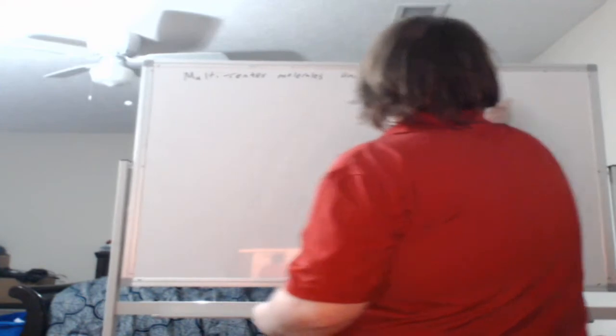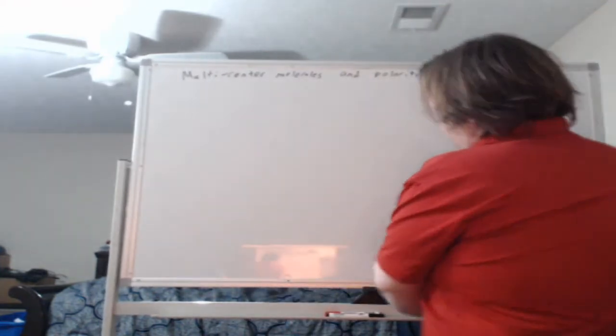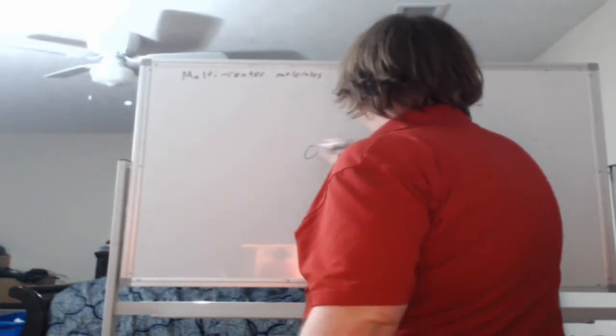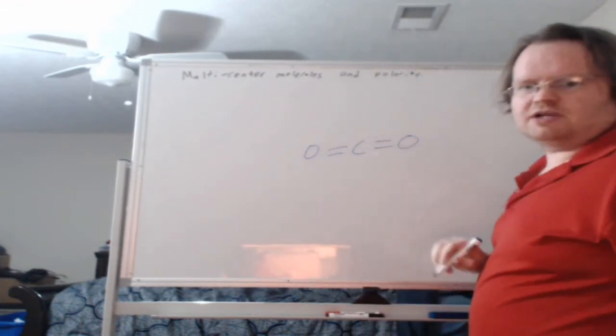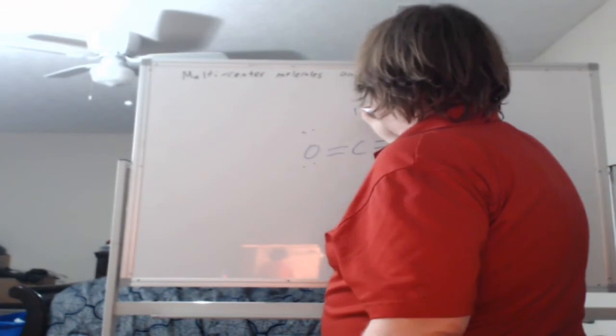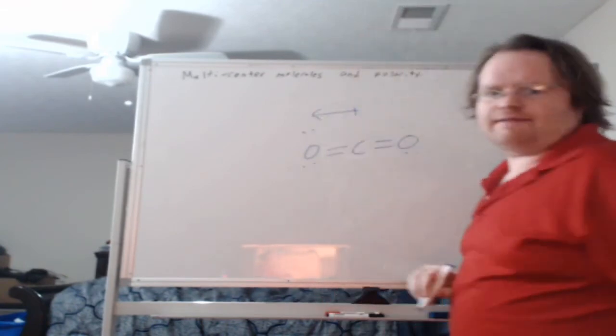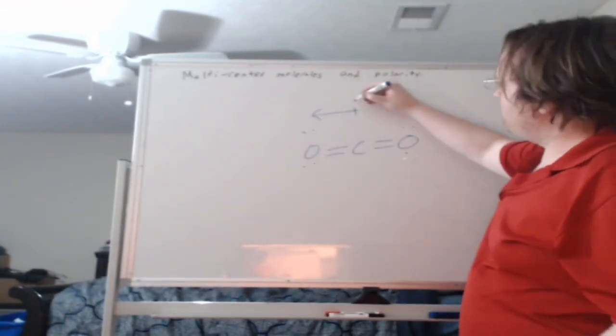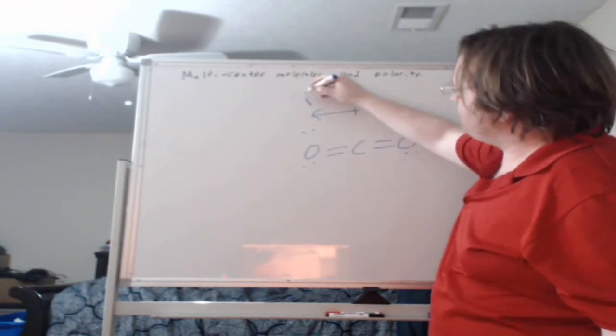So, for a nonpolar example, let's look at CO2. Oxygen is more electronegative than carbon. That means we end up with a shape that looks like that. For one carbon-oxygen bond, we get a partial positive and a partial negative.